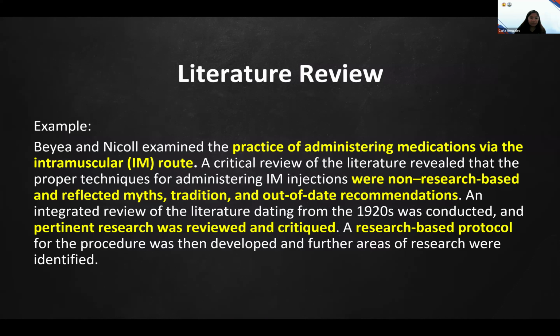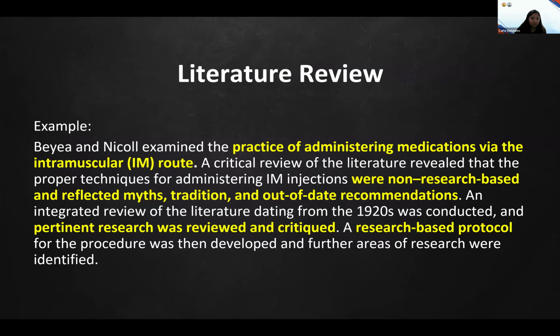Let's take this example by Beye and Nicole, who examined the practice of administering medications via the IM route. A critical review of the literature revealed that the proper techniques for administering IM injections were non-research based and reflected myths, tradition, and out-of-date recommendations.